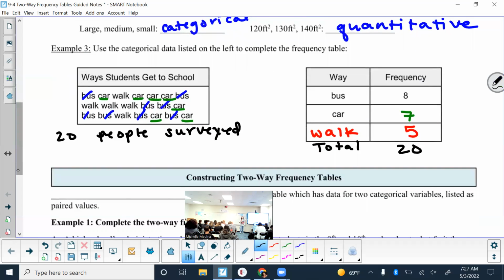All right, now this example is actually a good one for something else that's on your test. Let's say students are trying to prove that the whole school, not the whole school, but the majority of students at the school take the bus. Would it be a fair survey if where they took their sample was like right by the bus loop? And why is that?